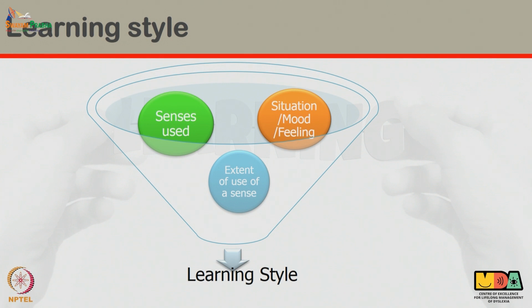The way a person uses these senses to receive information is very distinct and unique. It differs from one individual to another, and it defines a style of learning. This style of learning is actually based on a few factors, like the combination of the senses that are being used to input the information, the mood, the situation and the feeling of the person, and finally the extent to which the individual uses these senses to input the information.